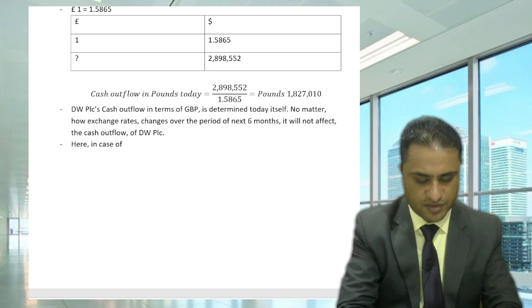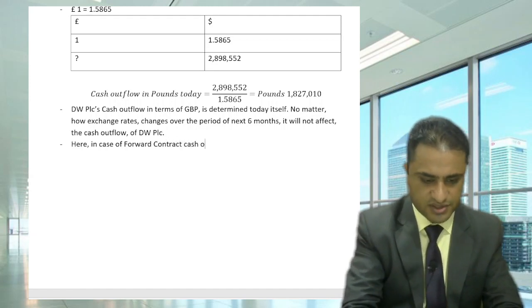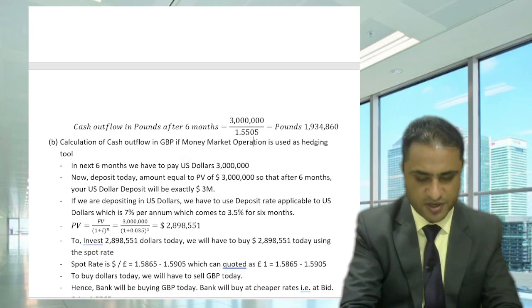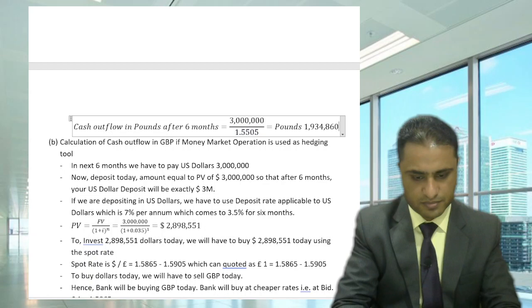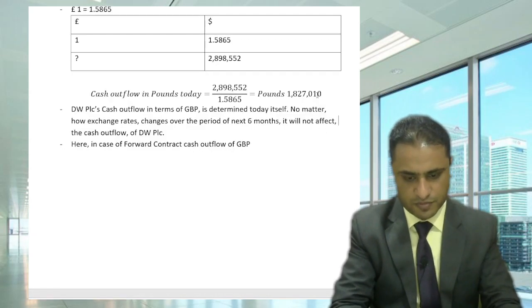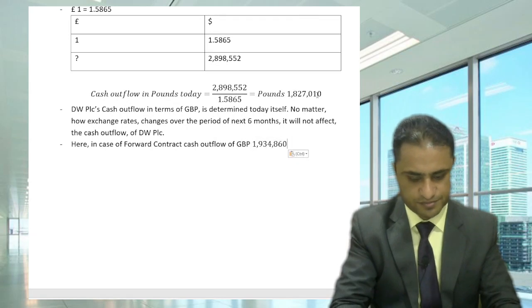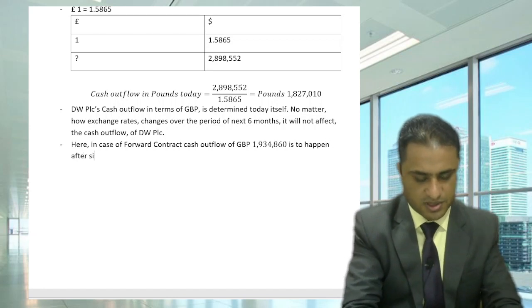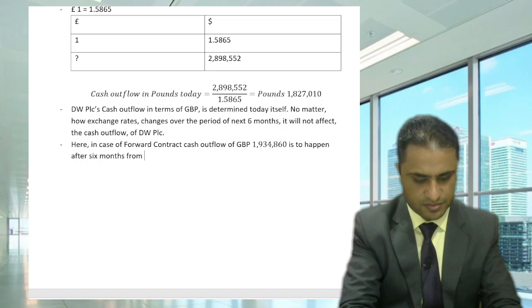In case of forward contract, cash outflow of Great Britain pound 1934860 is to happen after 6 months from today.